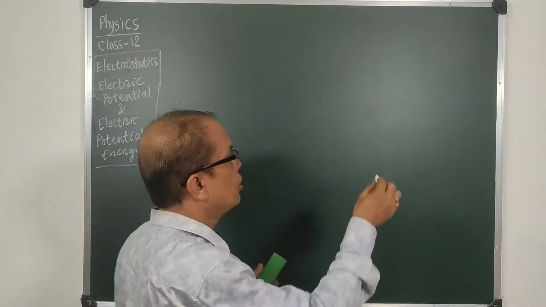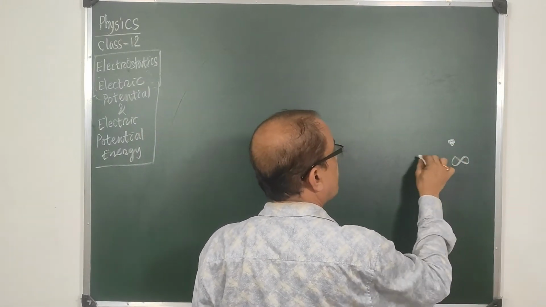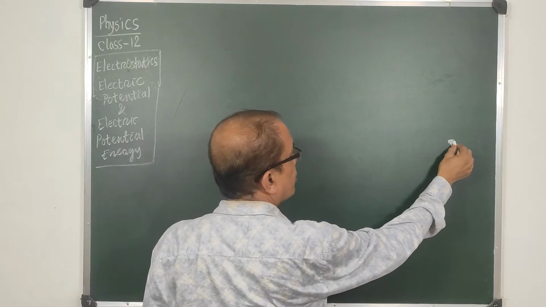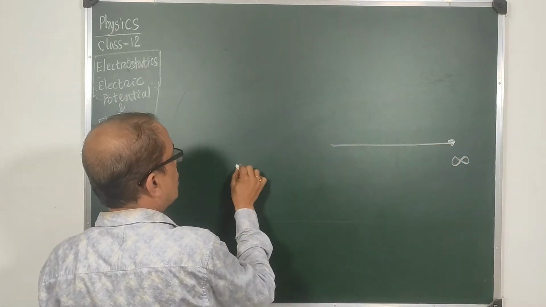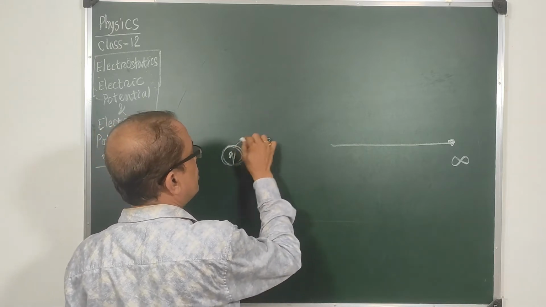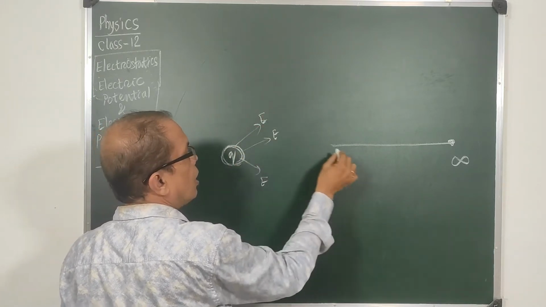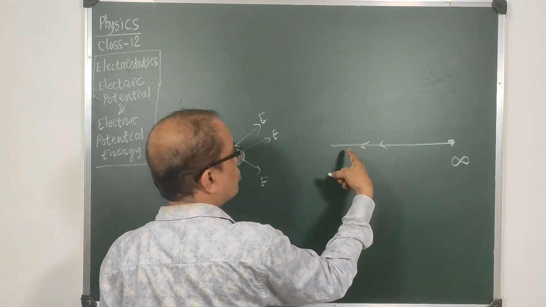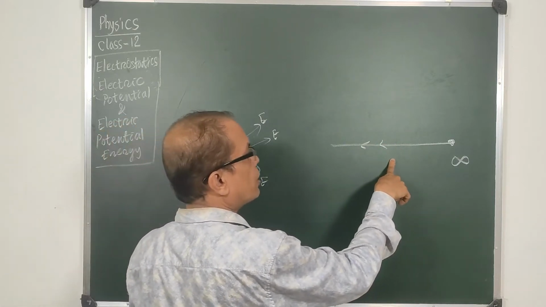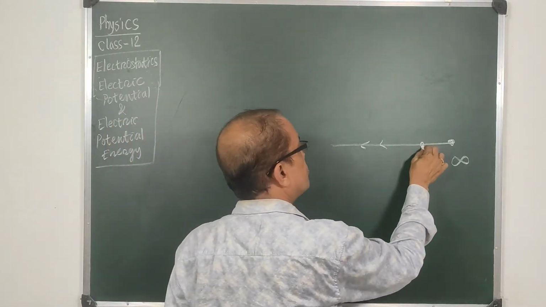So whenever we have a charge here, say it is at infinity, far away, and we are bringing that charge against a charge, suppose this is a charge q and it has an electric field, and we are bringing a charge closer to it. So we have to do some work, and that work will be stored in the charge.